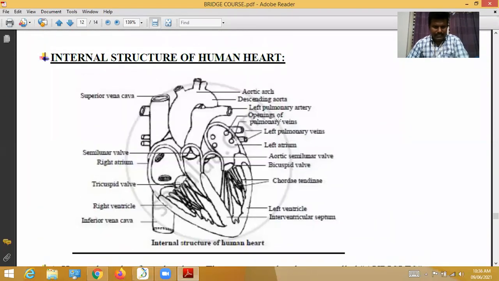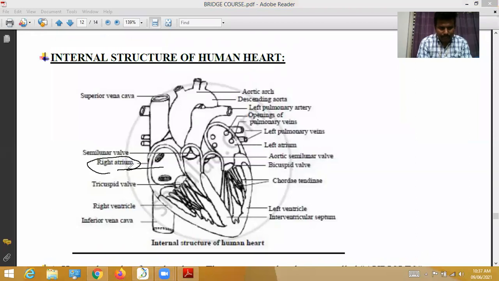This is the internal structure of the heart. See here clearly, you will get an idea. This is the right auricle, and this is the left auricle. This is the left ventricle, and this is the right ventricle.